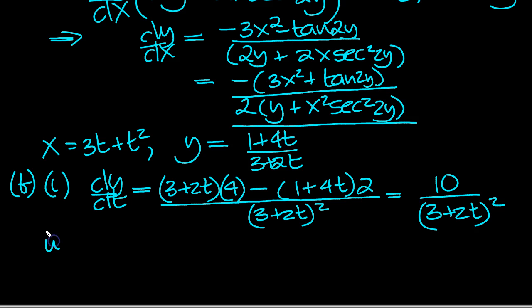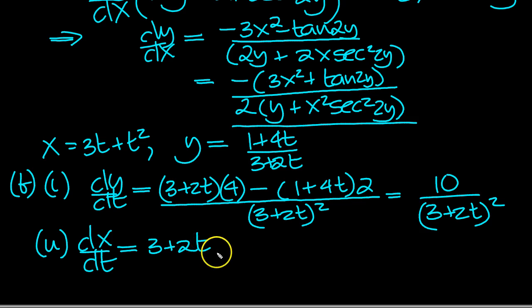Now part 2, dx/dt, we need first. Differentiate this, we get 3 plus 2t. So then dy/dx is equal to dy/dt divided by dx/dt.